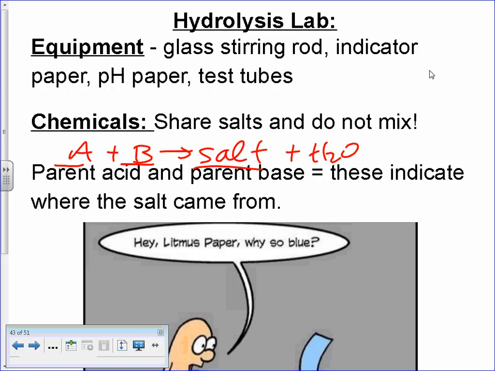Sodium chloride and sodium carbonate. I know ammonium. Sodium chloride.